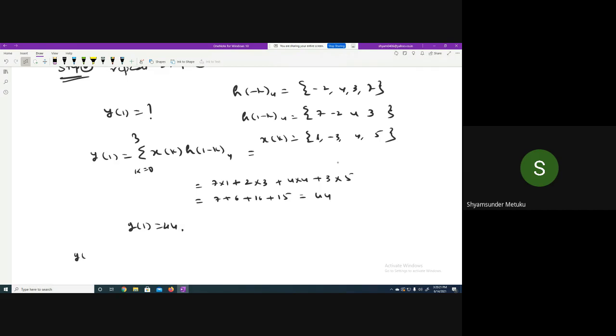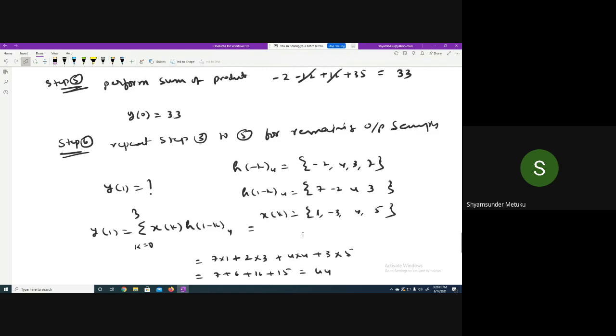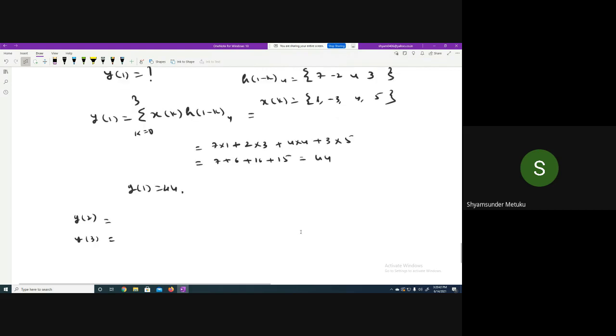Next, I want you to try now. y of 2 and y of 3, you try and let me know what value you are going to get. Do it fast. If you want the signals, here they are. x of k is given as 1, minus 3, 4, 5. h of minus k we have already calculated as minus 2, 4, 3, 7, and you calculate y of 2 and y of 3. I'll wait for 2 minutes, not more than that. If somebody completes before 2 minutes, just let me know the values so that I can write them here.